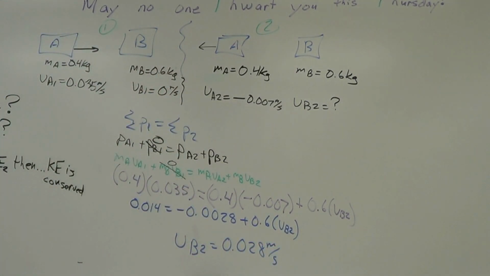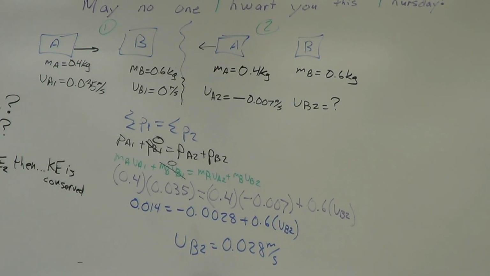Okay, so if I multiply my line in purple, the numbers that I plugged into my equation that I had in green, I get numbers in blue, and I skipped a couple of algebraic steps, combined like terms, added 0.0028 to the other side, and then divided by 0.6 to get 0.028.